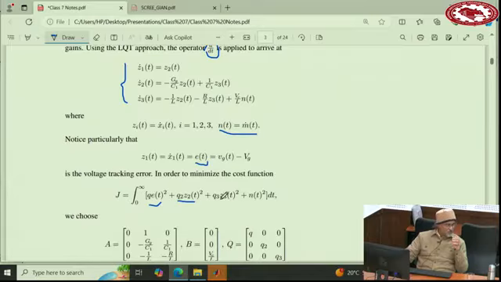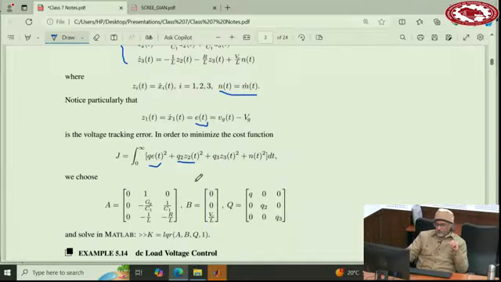So basically this approach, to remove the constant values, applies the derivative, and now minimizes the derivative terms, the energy of the derivative terms. Okay, so matrix A is known, matrix B, and matrix Q, and then you can go to MATLAB and apply LQR.